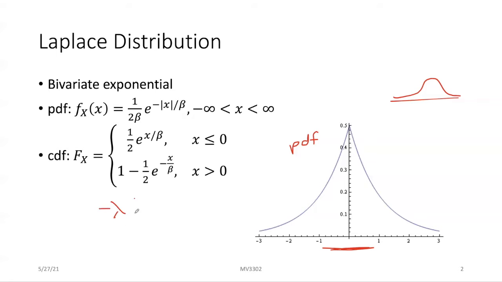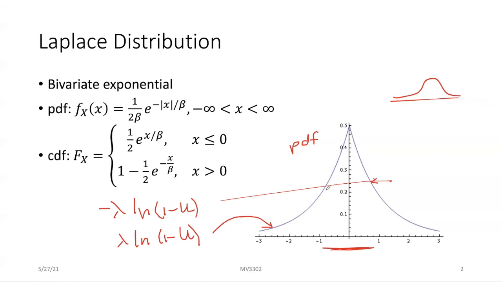If you remember, it was minus lambda times the log of 1 minus u. And that would give you this side right here. And then if we make that a plus, that is, we just take the minus of that, that would basically give us this side.